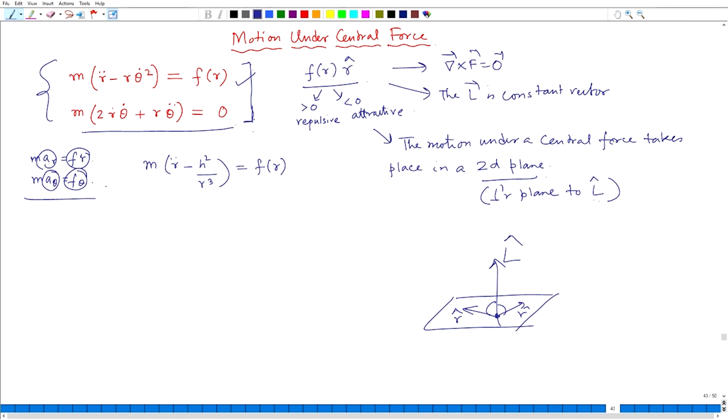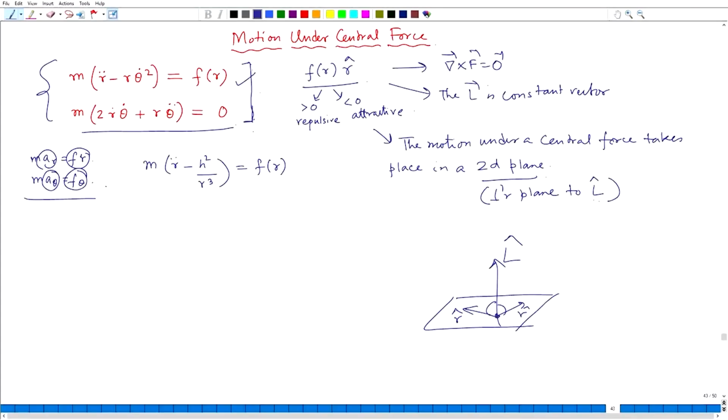However, you can encounter a condition in which the motion is taking place in a plane, but the force is not necessarily a central force. Try to understand: if the force is central, the motion is confined in a plane, but if the motion is confined in a plane, the force is not necessarily a central force. You can see several examples like that.